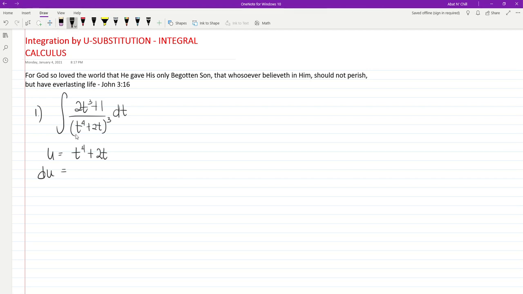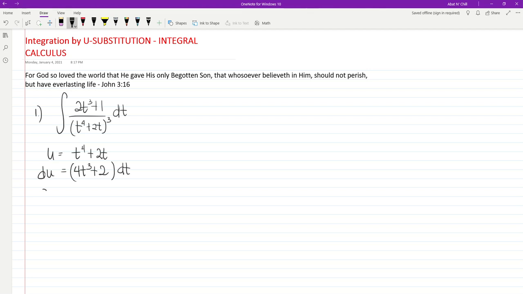If we get the derivative of this u with respect to t, we're going to get 4t cubed plus 2, with respect, of course, to dt.